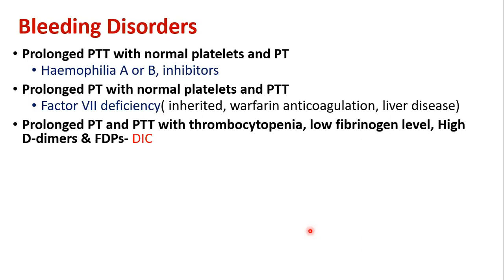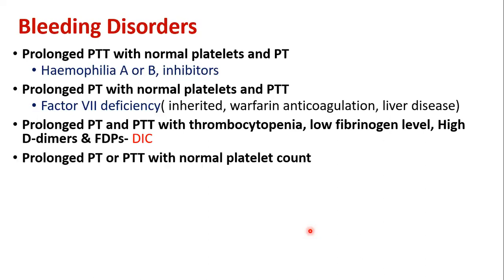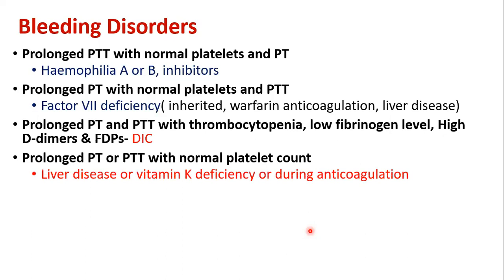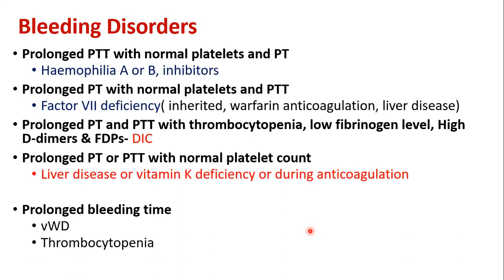Prolonged PTT with thrombocytopenia, low fibrinogen level, high D dimer and fibrin products is DIC. Prolonged PT and PTT with normal platelets suggests liver disease, vitamin K deficiency, or anticoagulation treatment. Prolonged bleeding time suggests von Willebrand factor or platelet count problems, or functional disorders of platelets. This is how you need to interpret the results.